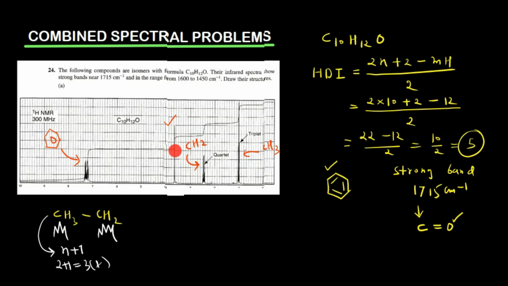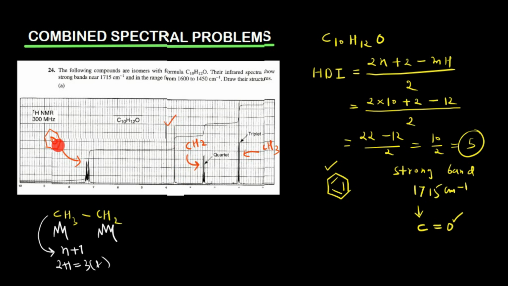When it is a downfield signal, one thing is sure: these are hydrogens connected with both the carbonyl group as well as the benzene ring, because the carbonyl group alone cannot shift the signal way downfield to 3.5 ppm. For the signal to appear at this range, 3.8 ppm, there must be two effects operating on this particular signal.